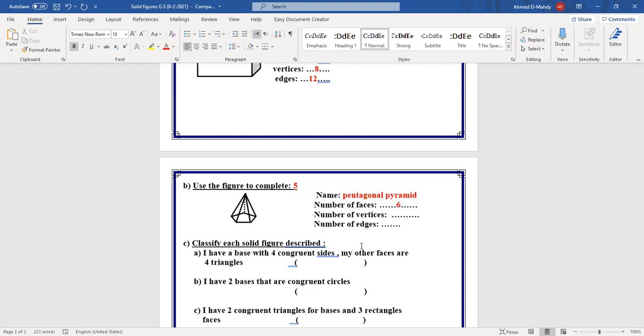Reem, how can we find the number of vertices?